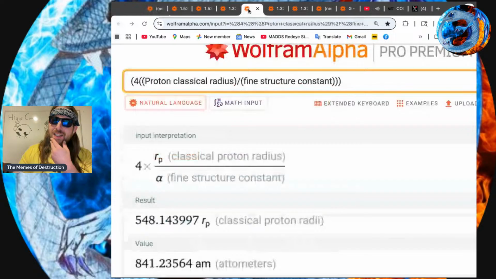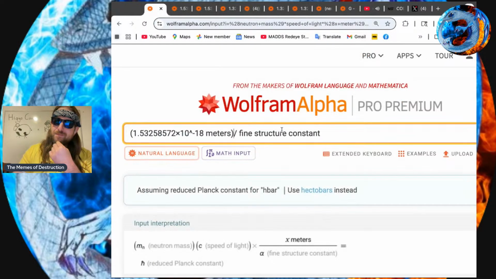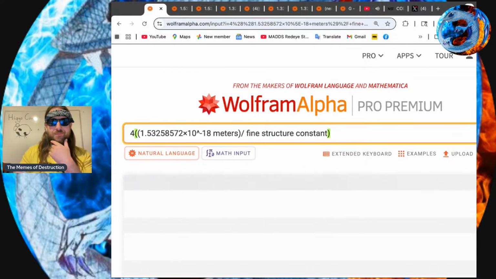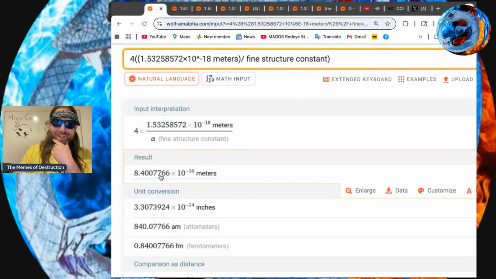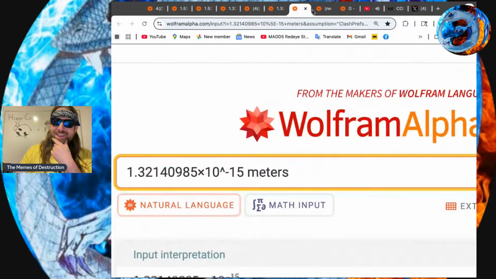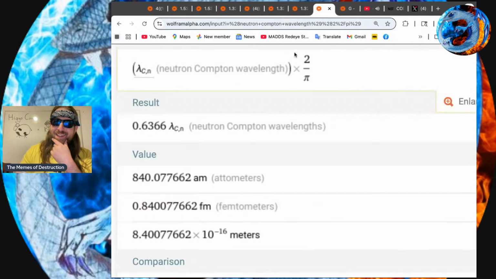We had, okay, 4. Okay, let's literally do that. 4. This number does look familiar. You got it, huh. So look, the neutron's Compton wavelength times 2 divided by pi, so 8.4.